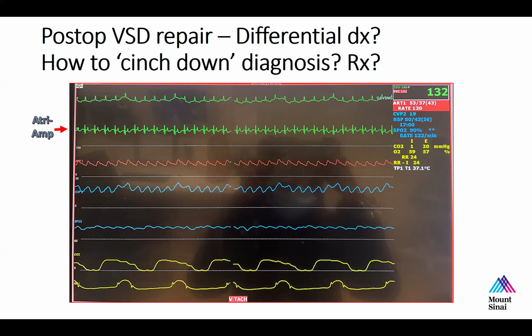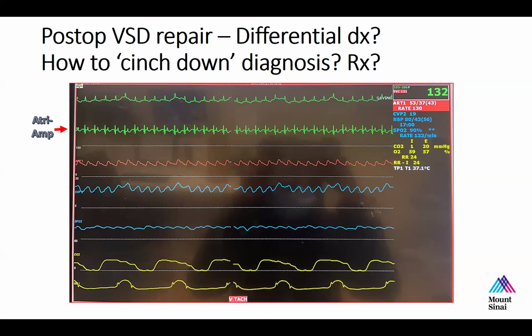So yes, you would want to pace the atrium at a faster rate in order to see. What we did when I was asked to look at this with the cardiology fellow, who happens to be on the call, is I asked for a 12 lead ECG of this rhythm. And then I asked if we had a 12 lead of the rhythm when the patient first came back from the operating room and was not in this rhythm.